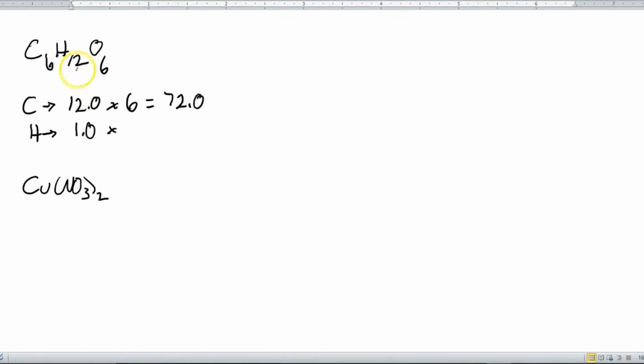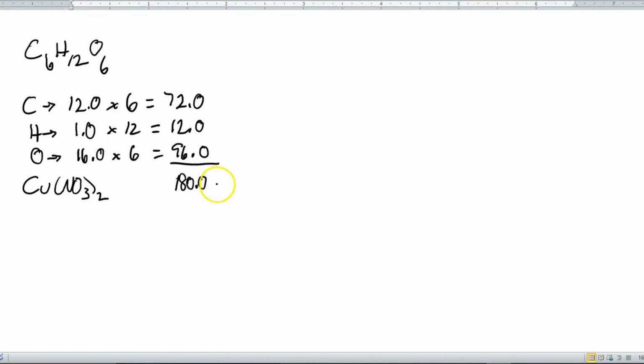Multiply that by the number of hydrogen atoms, which is 12, and that one is obviously 12.0. And then oxygen has a mass of 16.0. We're going to multiply that by 6, and that is 96.0. Now we just add that all up, and we get 180.0. And this being molar mass, the units are grams per mole.